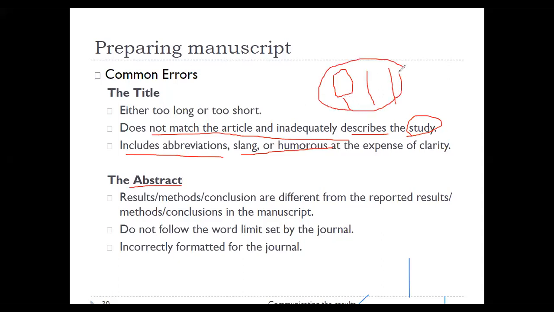Similarly, for the research article also, we need to have a proper abstract, and there are certain common errors we make in the abstract. Abstract मध्ये आपण काय करतो की most of the time some people's results, methods and conclusions are different from the reported results, methods and conclusions in the manuscript. म्हणजे रिसर्च मॅन्युस्क्रिप्ट मध्ये आपण जे रिझल्ट अँड मेथड वापरली आणि कन्क्लुजन ड्रॉ केलंय, that doesn't match with the abstract, असं बऱ्याचदा होत असतं.